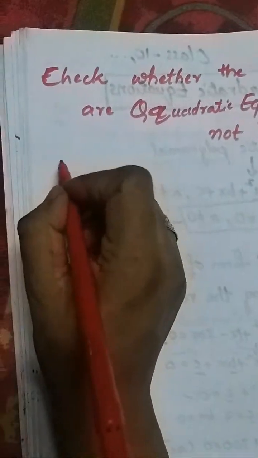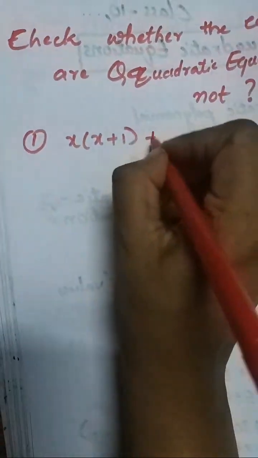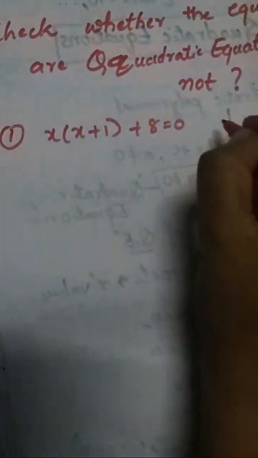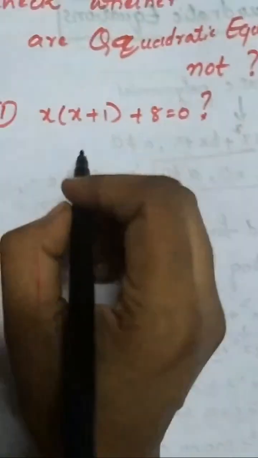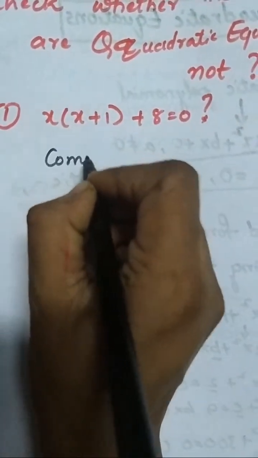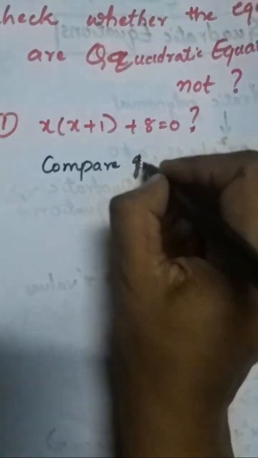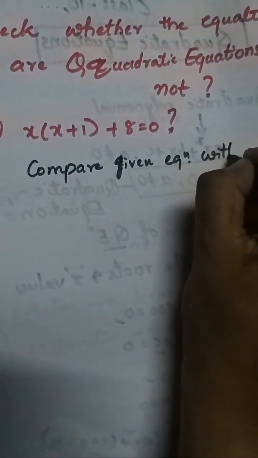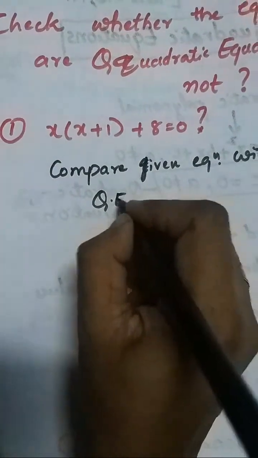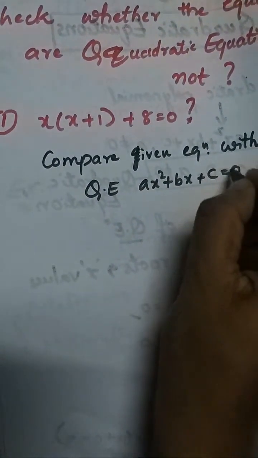First one, take this example: x into x plus 1 plus 8 equal to 0. Check, because this is not in the form of x square plus... compare this given equation with the quadratic equation, that is ax square plus bx plus c equal to 0.